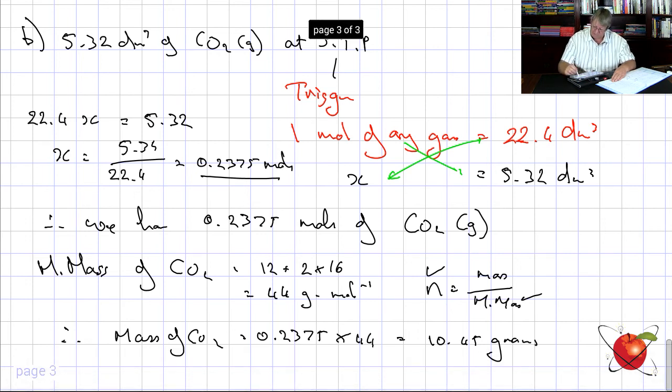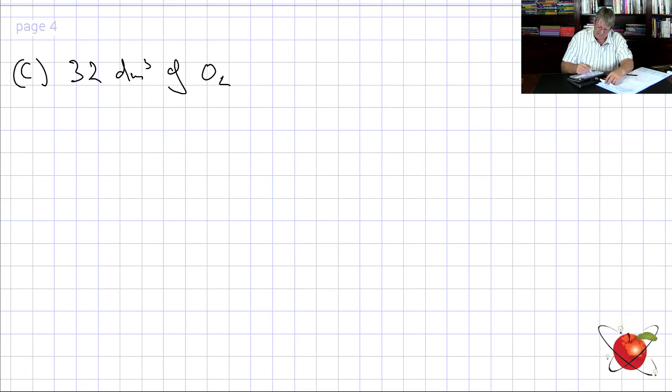Okay. Let's do the next one. They said to us, 32 decimeters cubed of O2 at STP. Straightforward trigger. Straight away, 1 mole is 22.4 decimeters cubed.